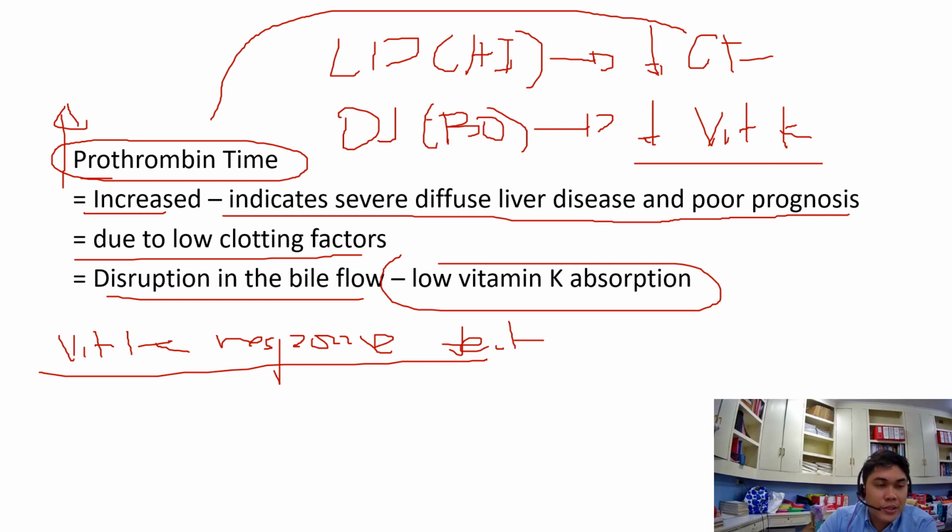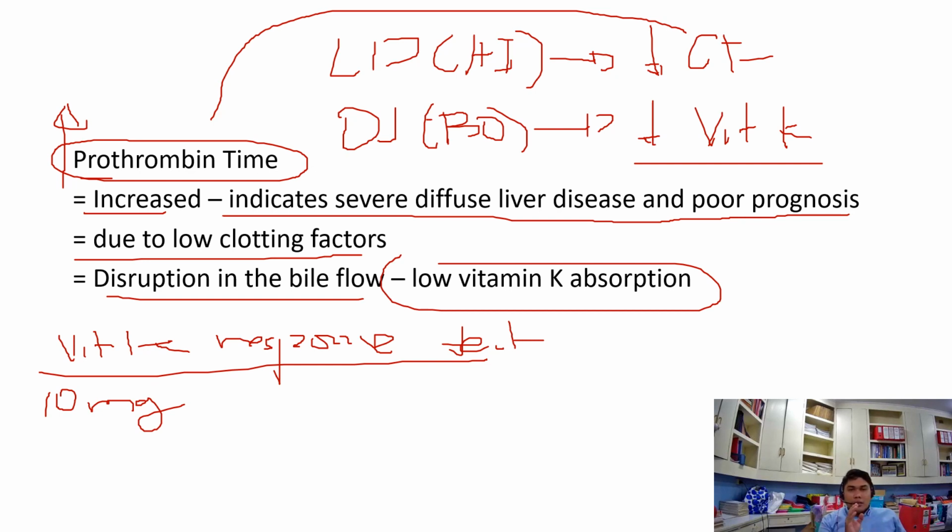You need to administer 10 mg of vitamin K via IV daily for 1 to 3 days. Okay. So after the administration of vitamin K, after 3 days, you need to check again the prothrombin time. So you need to measure prothrombin time before and after vitamin K administration.